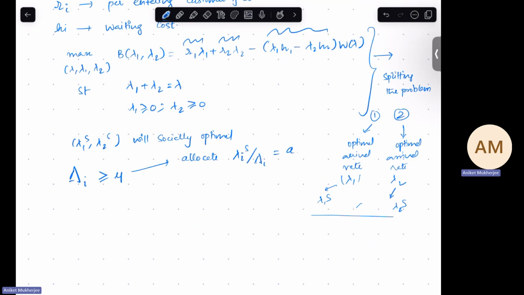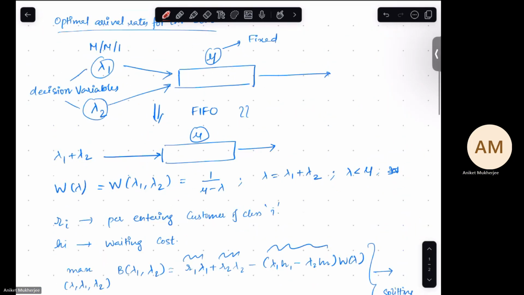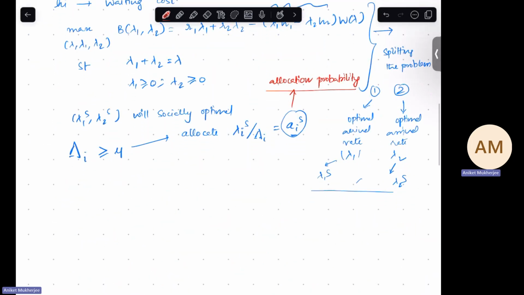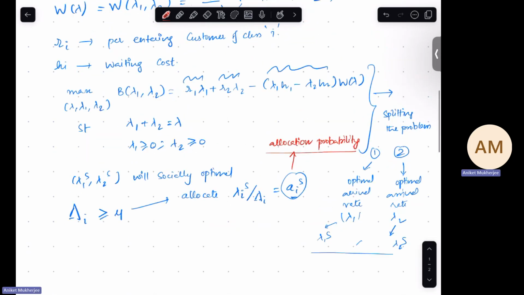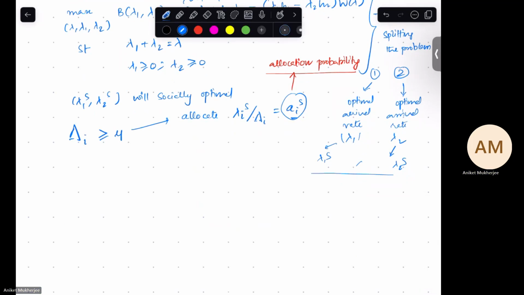This is your allocation probability. This is one method to do it. We'll also try using the KKT conditions.